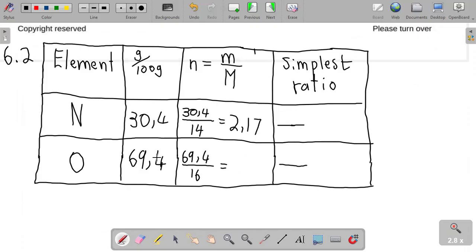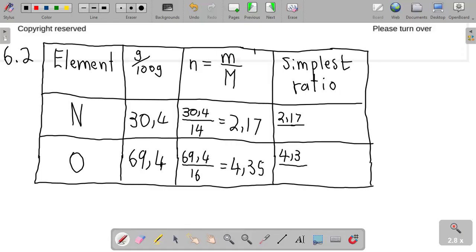And over here, 69.6 divided by 16 gives me 4.35. These numbers, the number of moles, go in the moles column: 2.17 and 4.35.